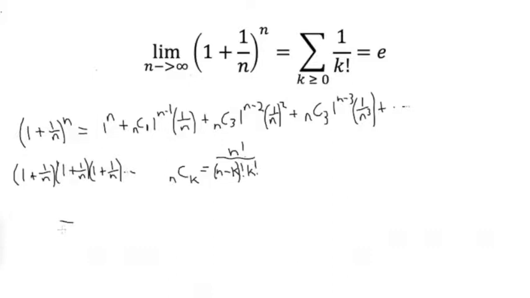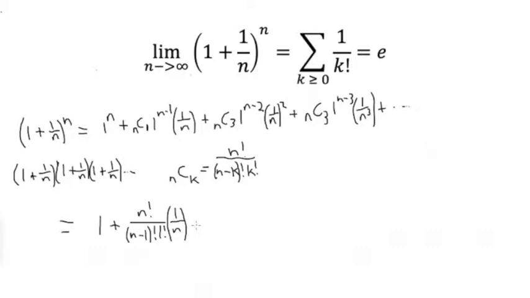Now if we expand this out a little bit further, we get 1, because 1 to any power is still 1. Plus, nC1 is n factorial over (n minus 1) factorial times 1 factorial, and all of that is multiplied by 1 over n. We can ignore the 1 to the power of n minus 1 because 1 to any power is just 1.